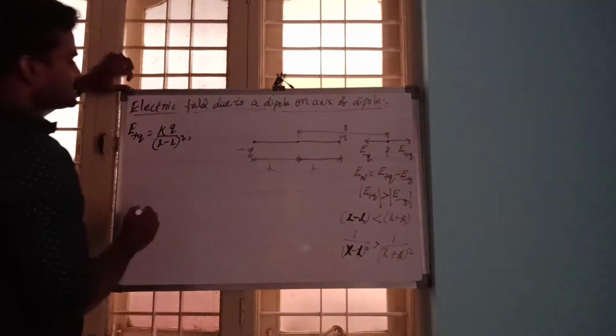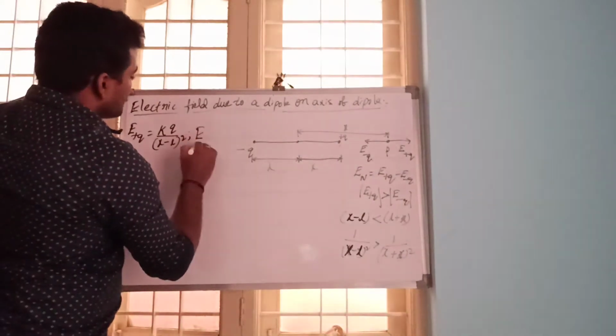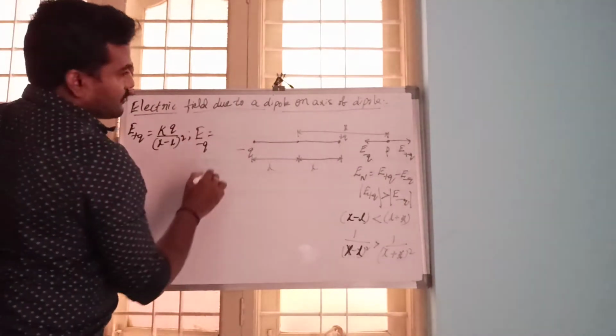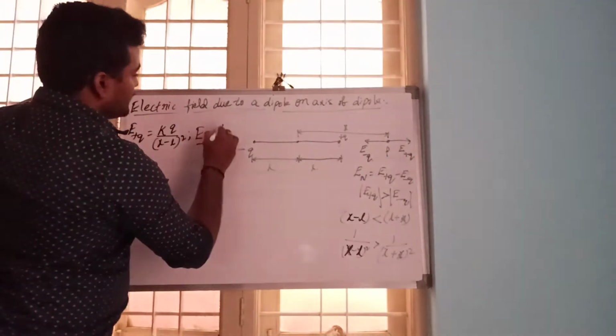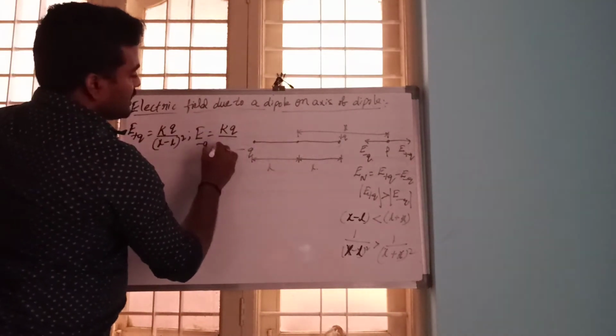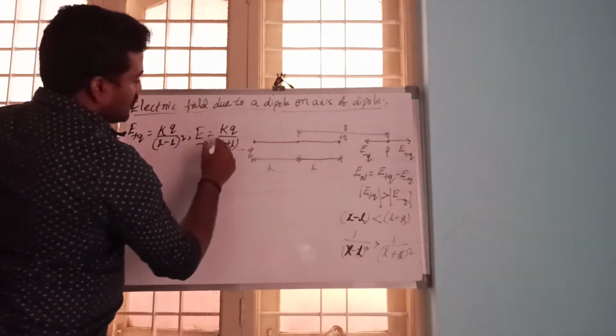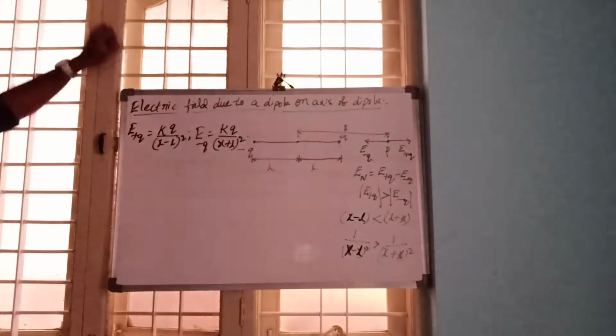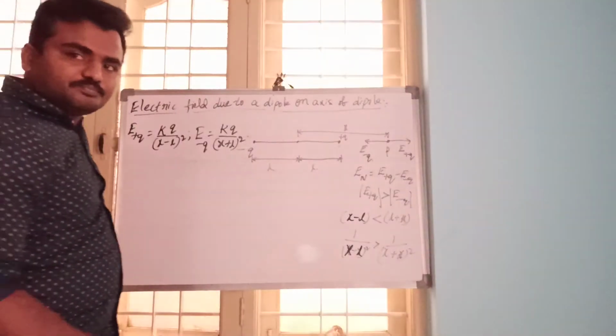And because of minus q, the electric field at that point will be k q upon (x plus L) whole square.